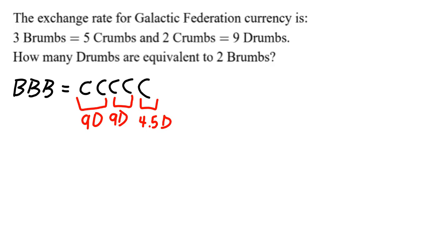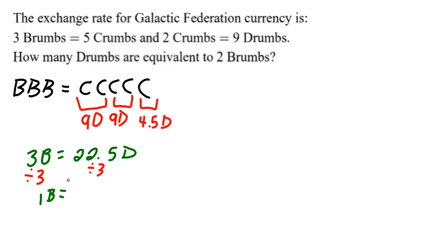So now we have a new equation where we can say 3 of these B's is going to be equal to 22.5 D's. Okay, so what would 1 be then? To get 1, we just divide by 3, and if I divide that by 3, I divide that by 3. So 1 B is going to end up equaling 7.5 D's.